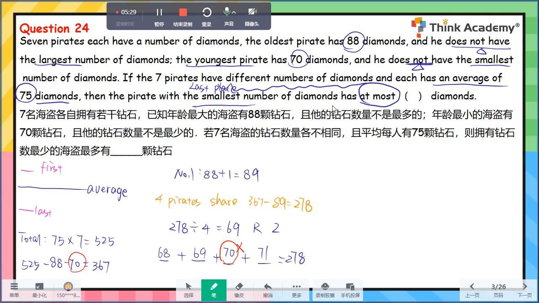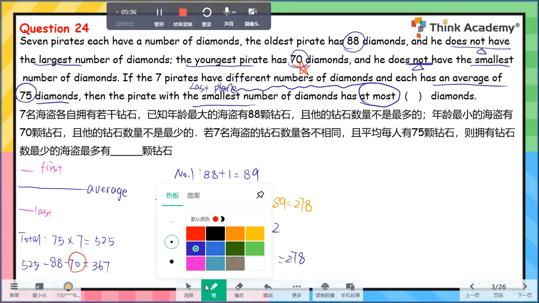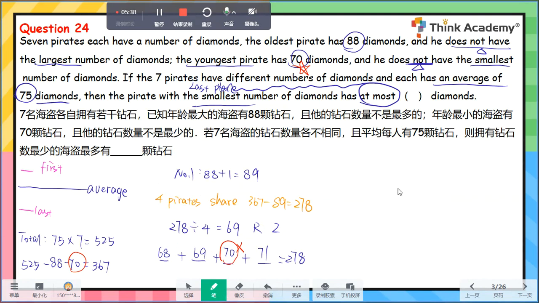Because the youngest pirate has already got 70 diamonds, we can't have another 70 here. So we can only make it something more than that, but it can't be 71, so at least it should be 72.